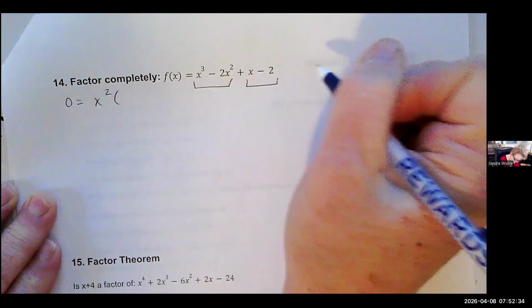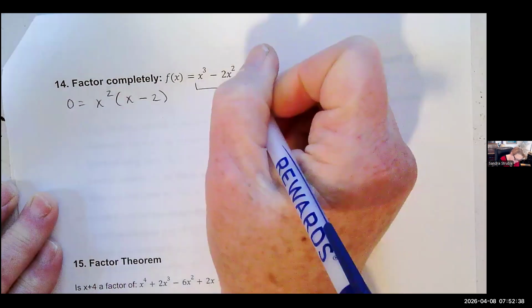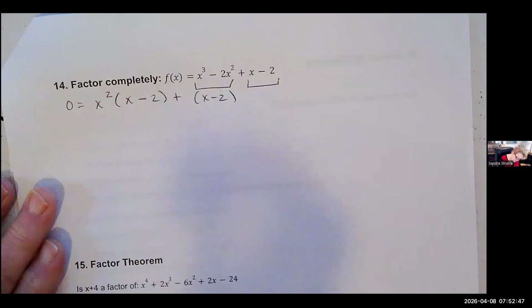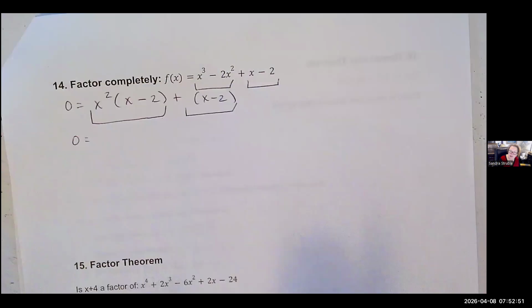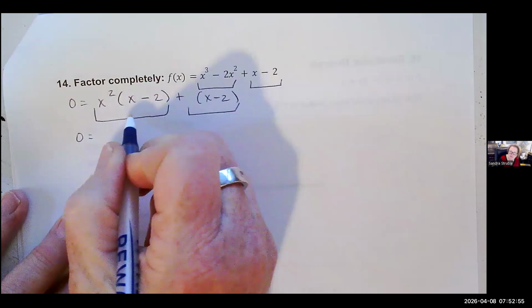And that leaves me with x minus 2. And then I don't need to factor out anything here, x minus 2. However, be careful. Because what am I going to factor out now? What I'm going to factor out now is what these two terms have in common. This is a term, this is a term. They both have x minus 2 in common.